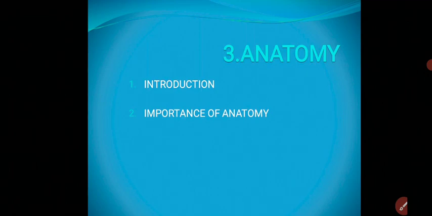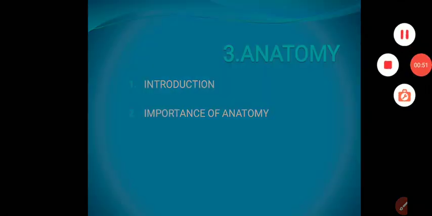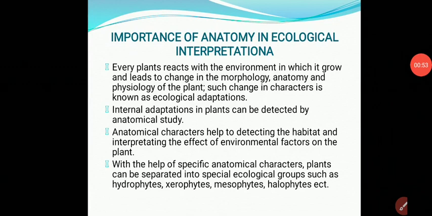So let's start with the importance of anatomy in ecological interpretation. See, every plant reacts with the environment in which it grows, and this leads to change in morphology, anatomy and physiology of the plant.